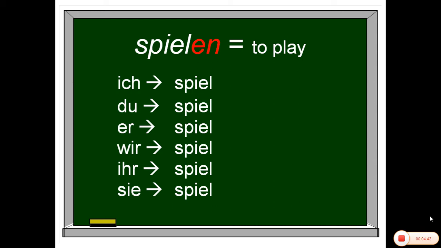The root I have kept the same. The root is the same everywhere. The root is not changing. Now we are changing the endings. Ich spiele, du spielst, sie spielt, wir spielen, ihr spielt, Sie and sie spielen.